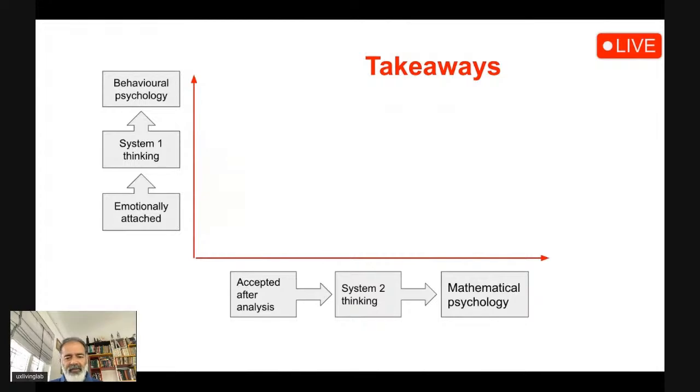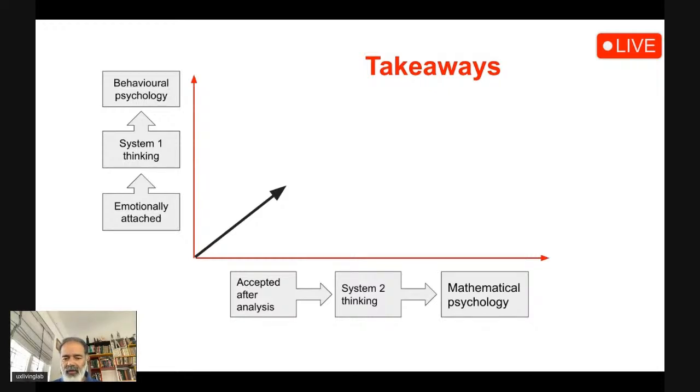Okay, what are the takeaways? As I said earlier, one aspect is emotional attachment, system one thinking, then behavior psychology. Another aspect is, after analysis, system two thinking, and mathematical psychology. A consumer has these two aspects.